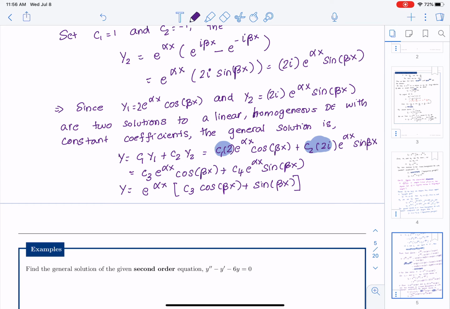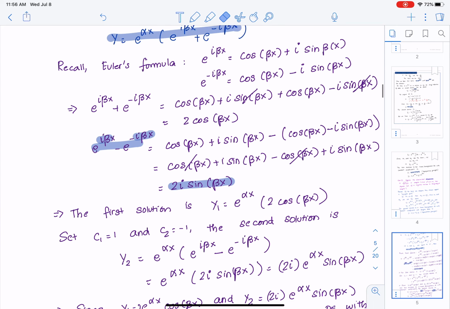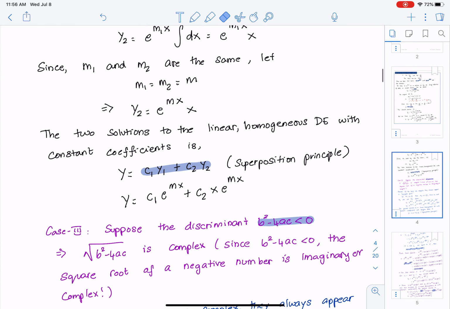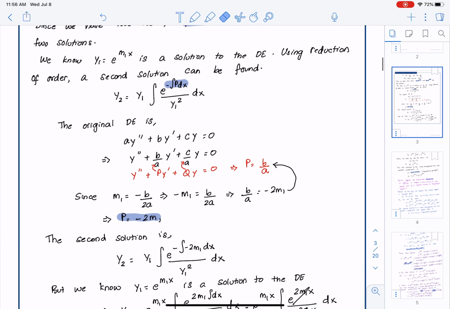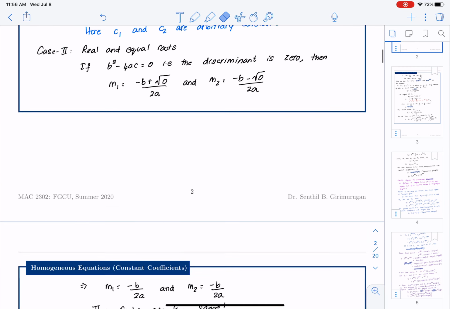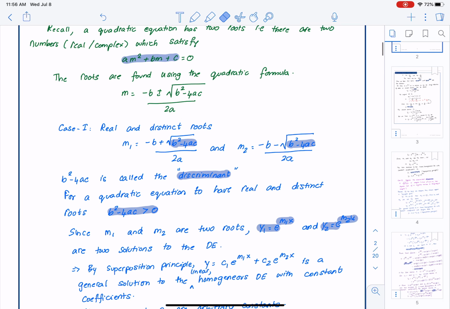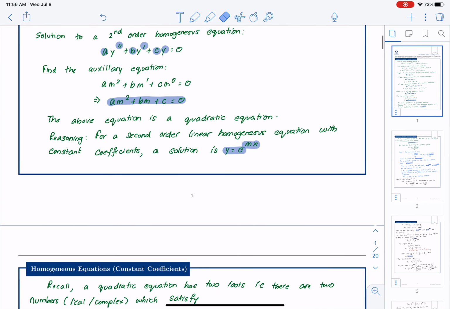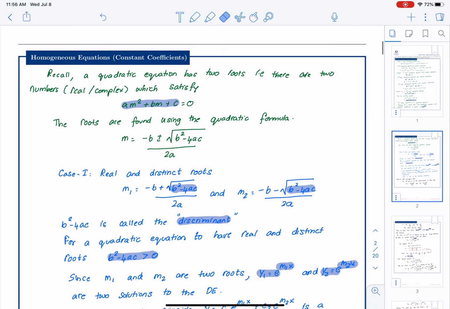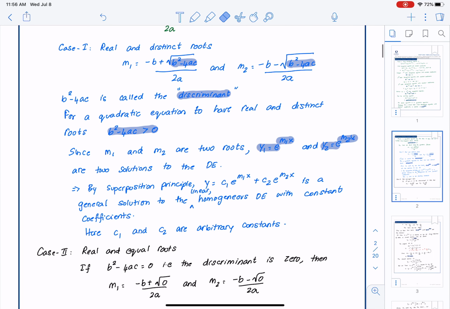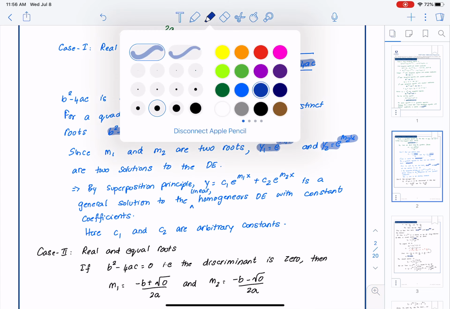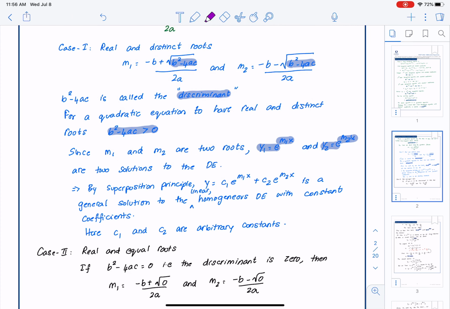So what is our conclusion here? If we have a second order linear homogeneous equation with constant coefficients, we need to find the auxiliary equation and we need to find its roots. And if the roots are real and distinct, the solution would end up being that.